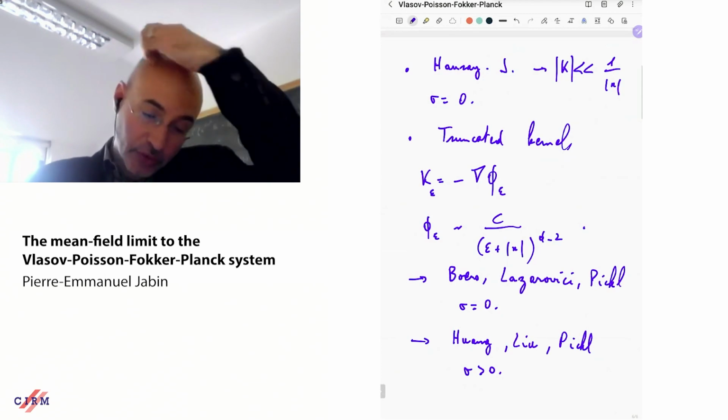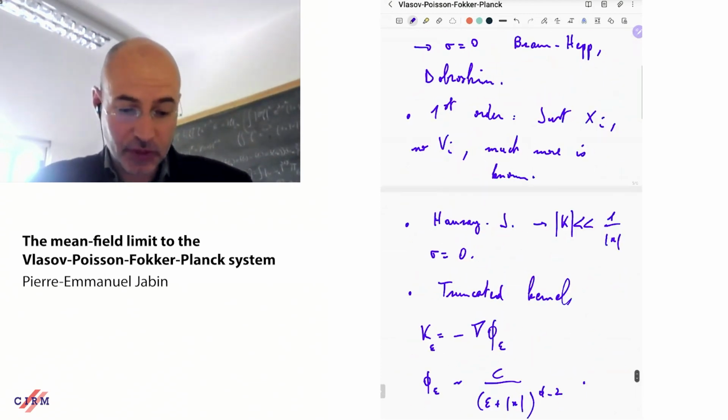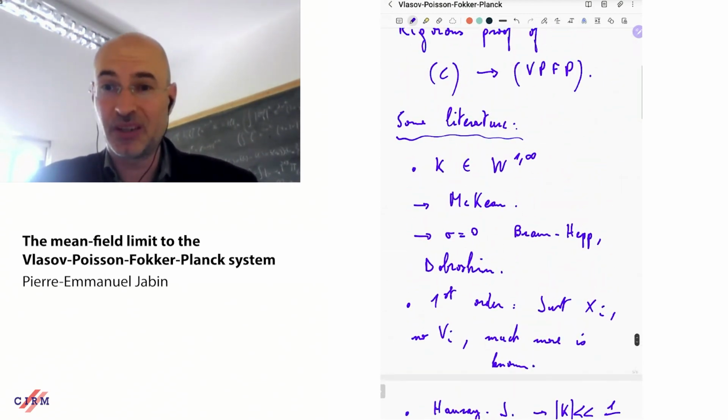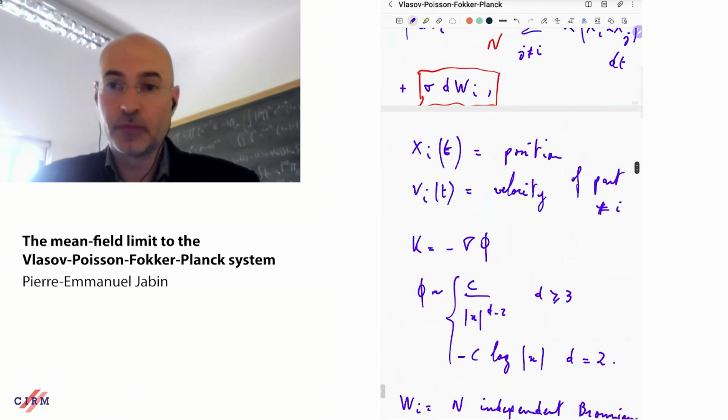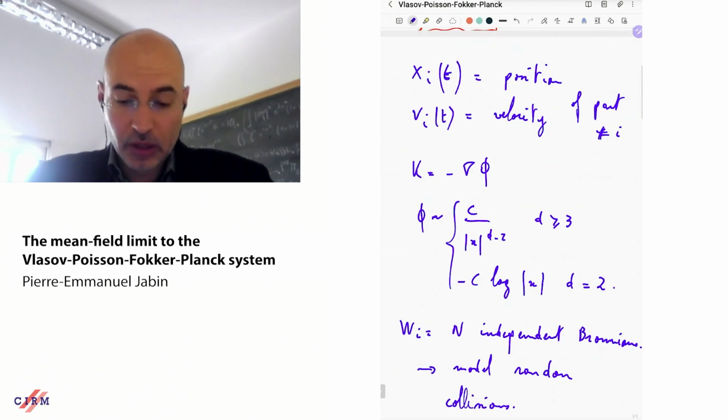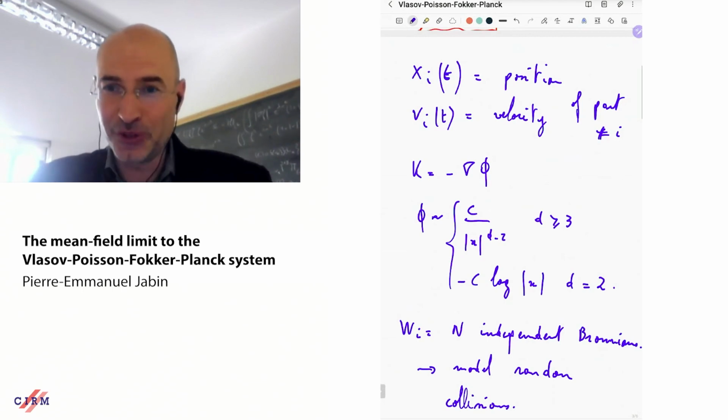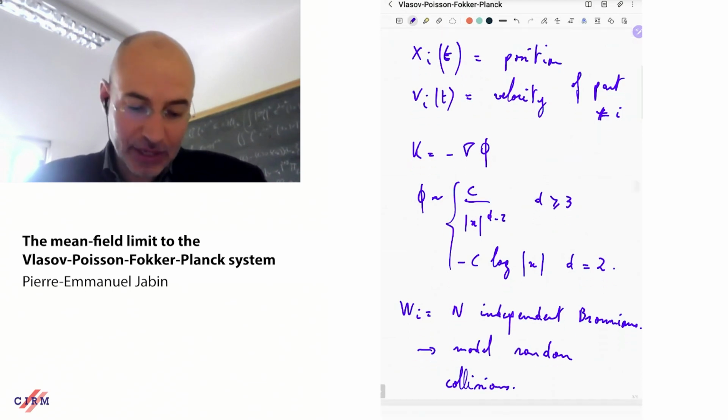And so, as you can see, we were very, very far from the Coulomb type of interaction here. This had remained quite a big open question and a very frustrating one for me because I've worked on that for a long time.